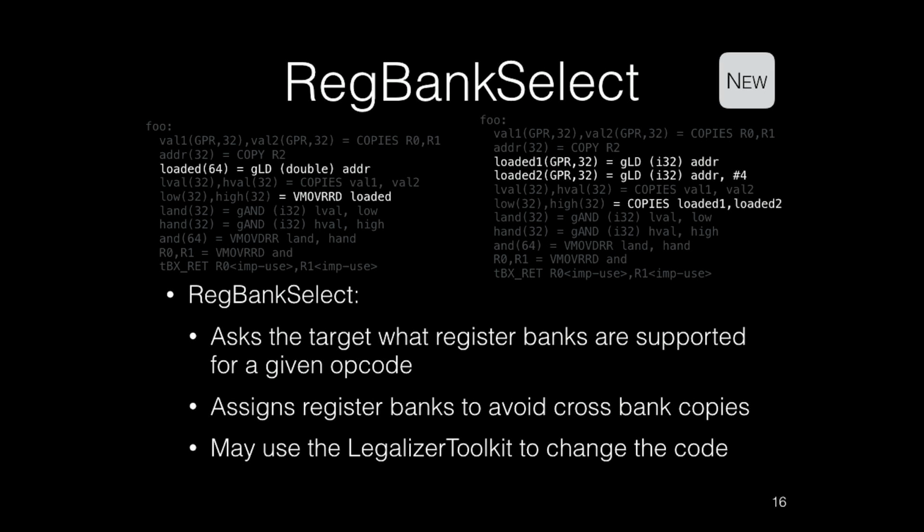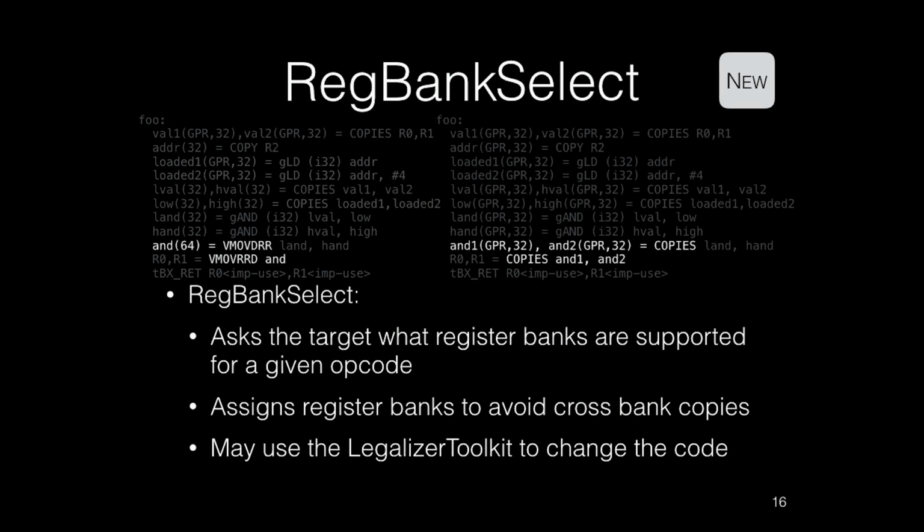And if you look at this specific transformation, what you really did is just expand the load into two 32-bit loads. And this is definitely a transformation that the legalization does, and that would be nice to be able to reuse. And we can do the same thing with the other fancy moves. And that's it for the register bank select.